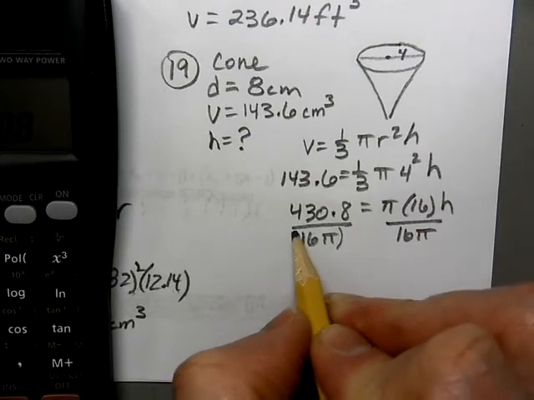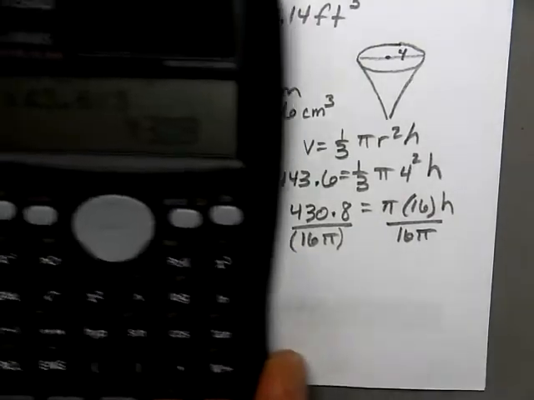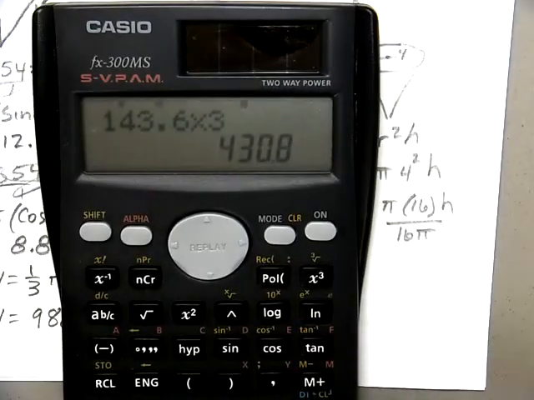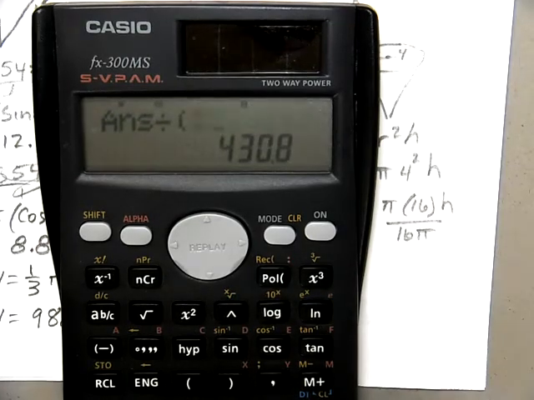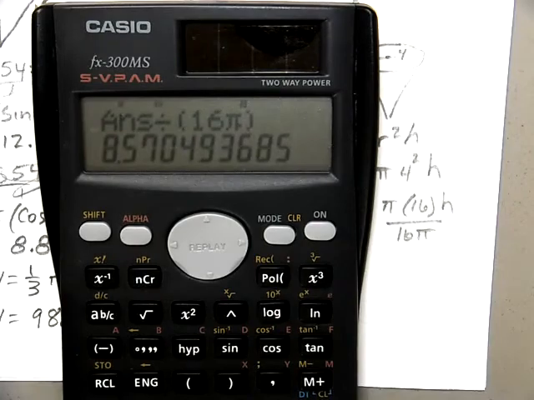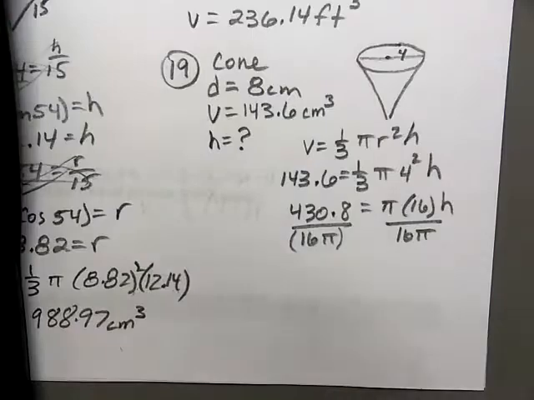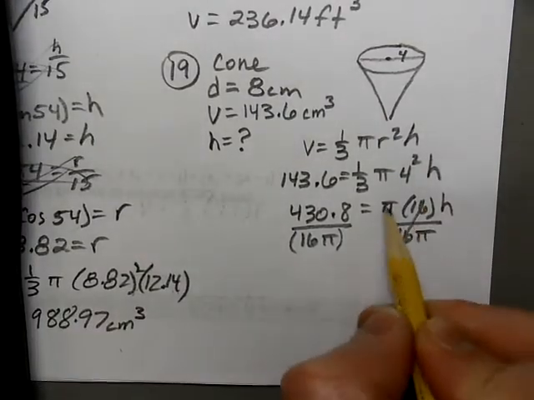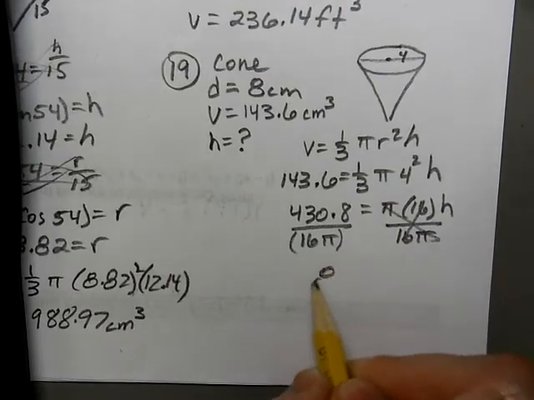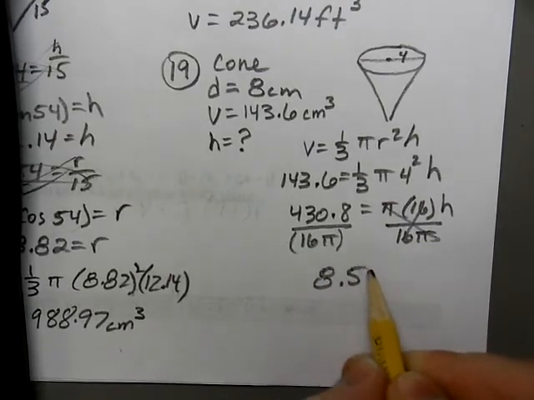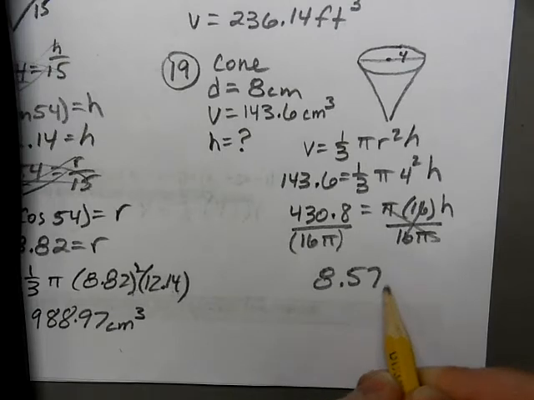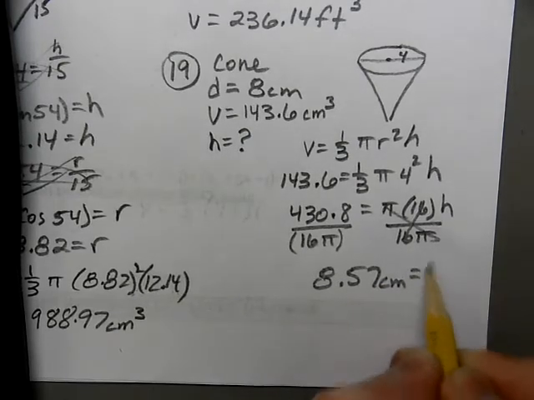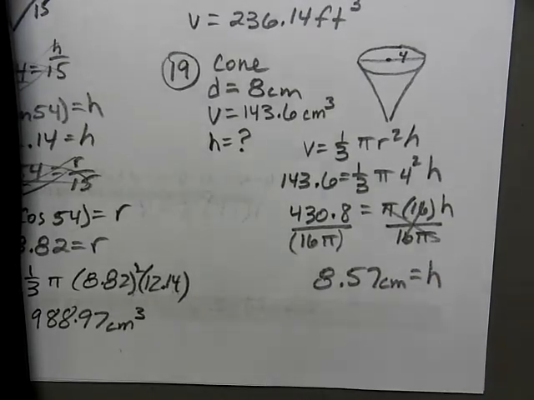You need to put parentheses around that, especially with this particular calculator. We're going to divide that by 16 pi. We get 8.57. And these units are centimeters. That would be our height.